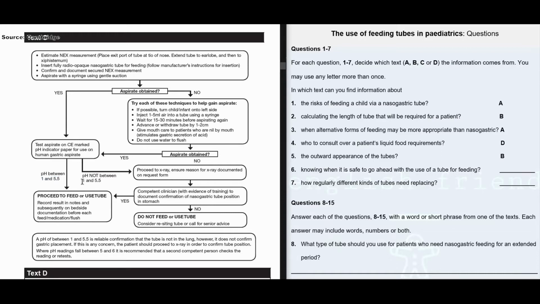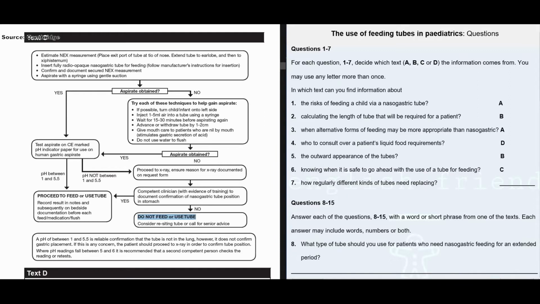If pH is not between 1 and 5.5, this is the procedure that should be followed. Then the competent clinician documents confirmation of nasogastric tube position in the stomach. Again, if it is negative, do not feed or use the tube. That's it. So this is how they know when it is safe to go ahead with the use of a tube for feeding. So the answer for question number 6 is C.